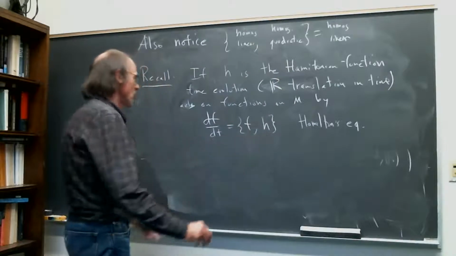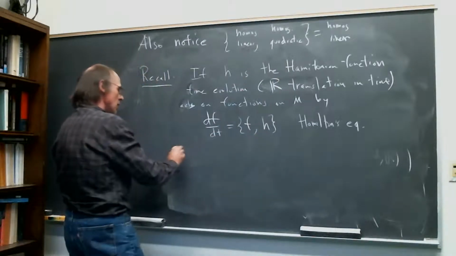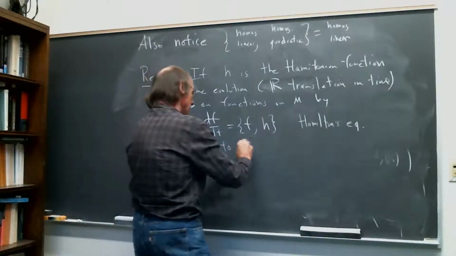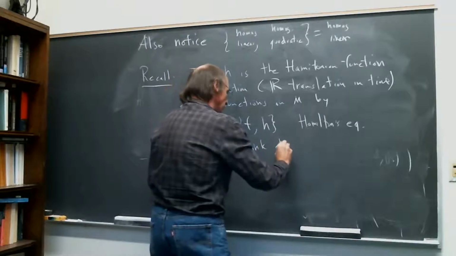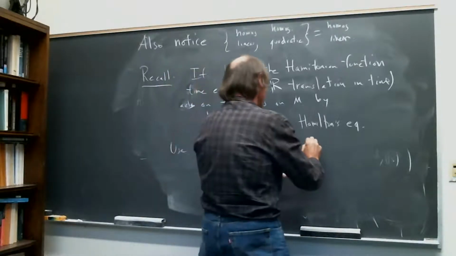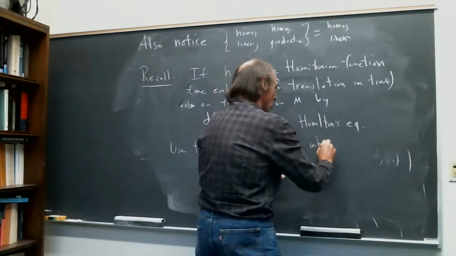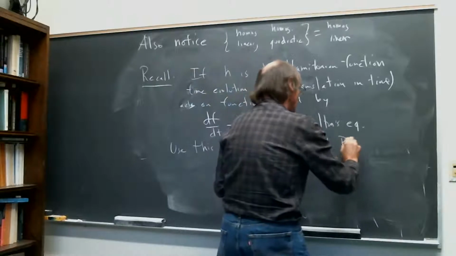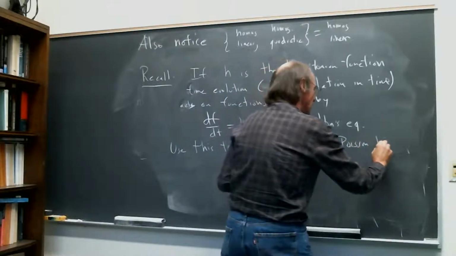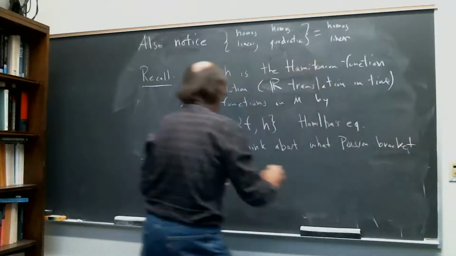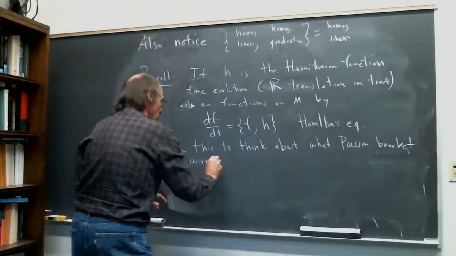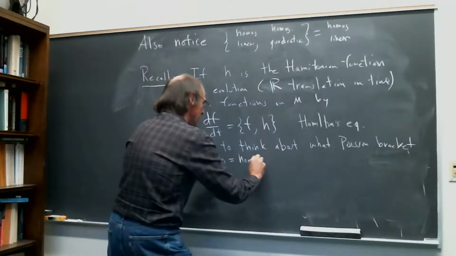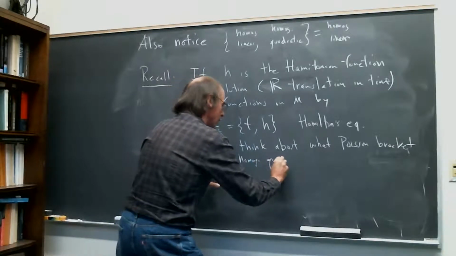So we'll want to use this to think about what the Poisson bracket with H is, where H is a homogeneous quadratic.